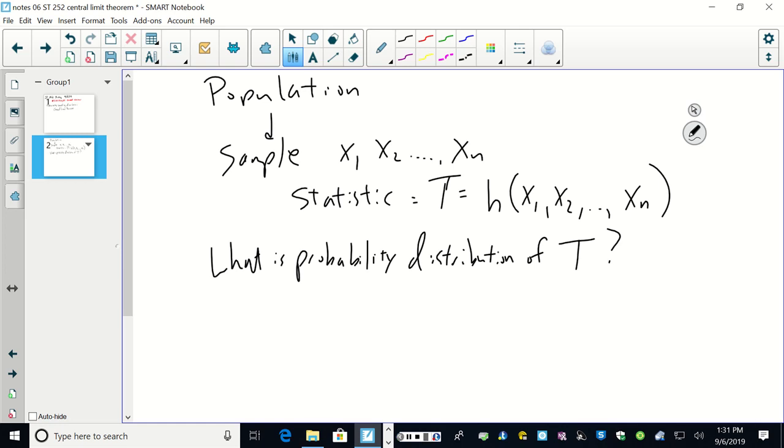And by this we mean what are the likely values? And maybe not the specific value, but likely ranges of values if it's more continuous. Likely values of T, and how likely are they? How relatively likely?